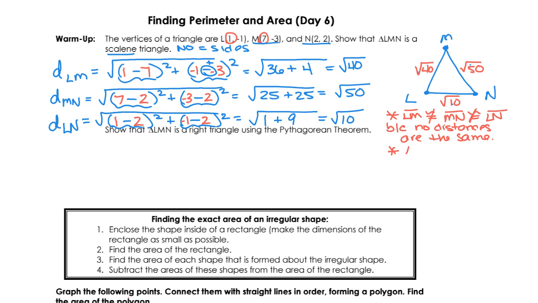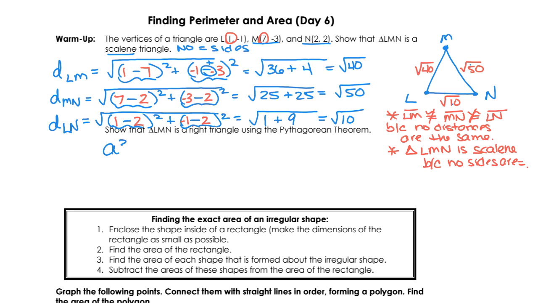And then I can say that triangle LMN is scalene because no sides are equal. All right. Okay, so last part says to show that triangle LMN is a right triangle using the Pythagorean theorem.